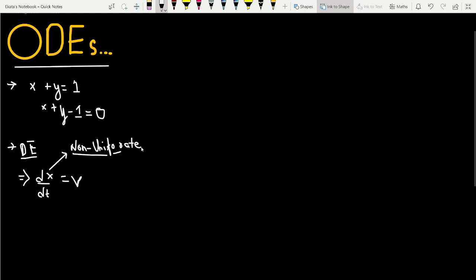Suppose there is a velocity-time graph. If the line is just straight, there is no meaning in finding dy by dx of this quantity, because the curve is constant all the time. The velocity is constant at all times, so in this case we are not going to use differentiation.